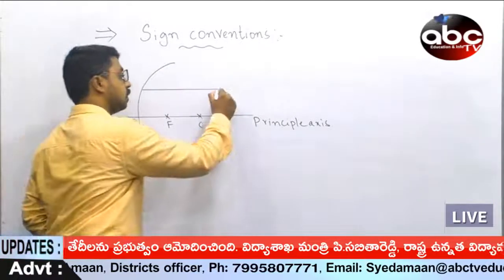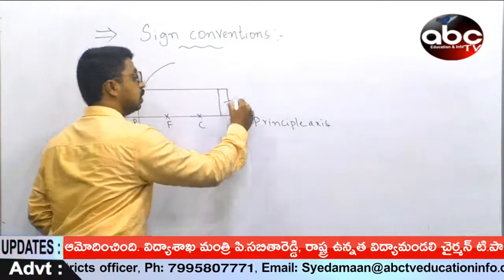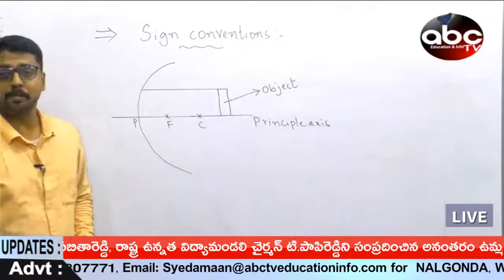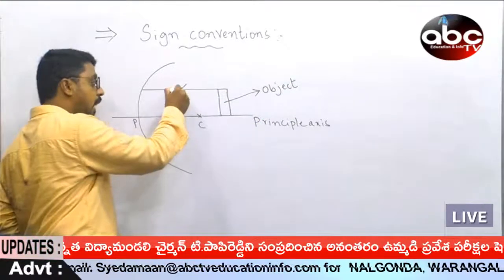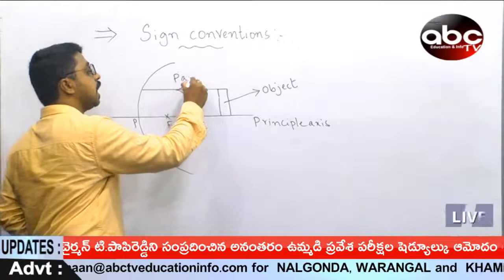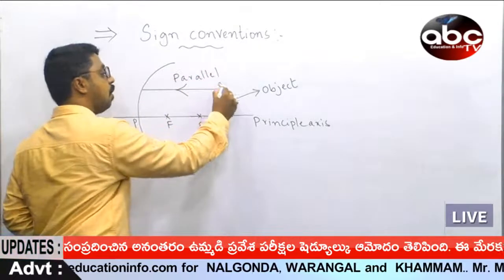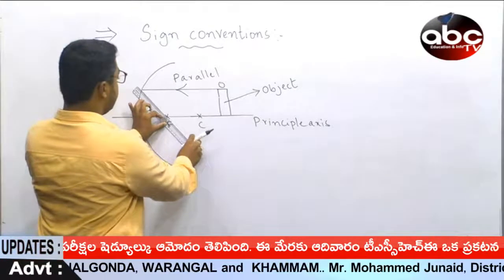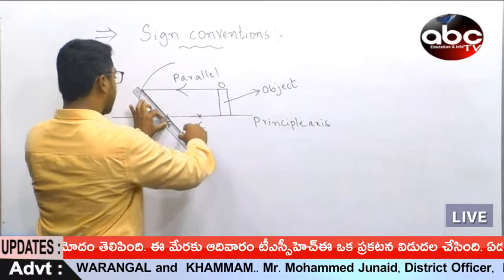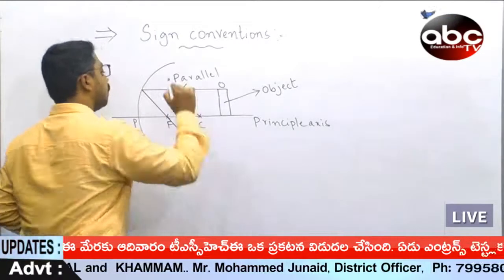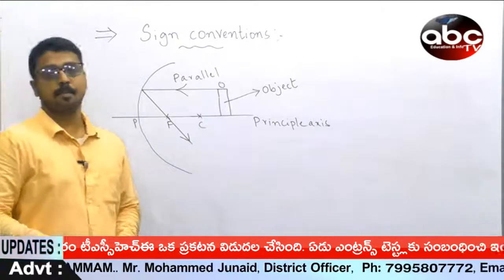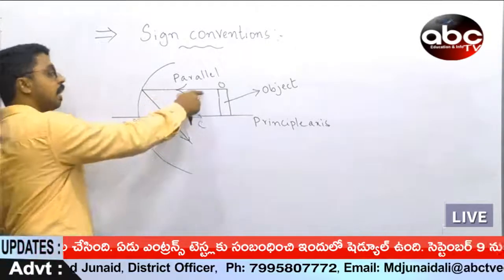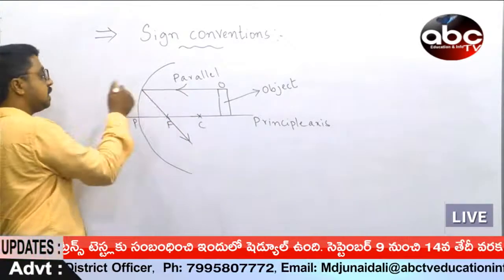Suppose this is your object, and this is a parallel ray coming from the object O. Naturally, the parallel ray reflects itself through the focus. Listen, my dear children. The direction of the incident light ray is in this direction.